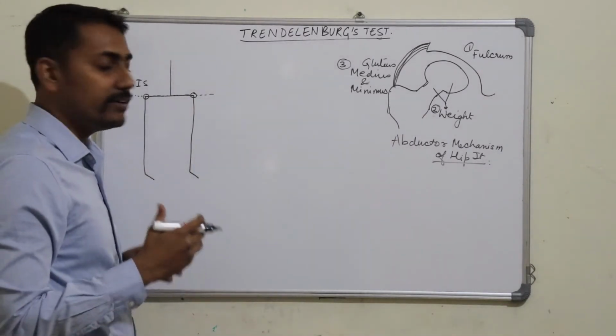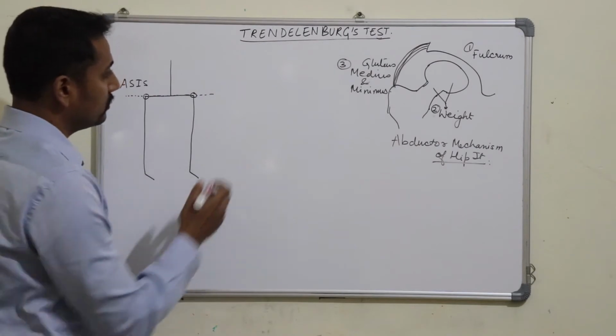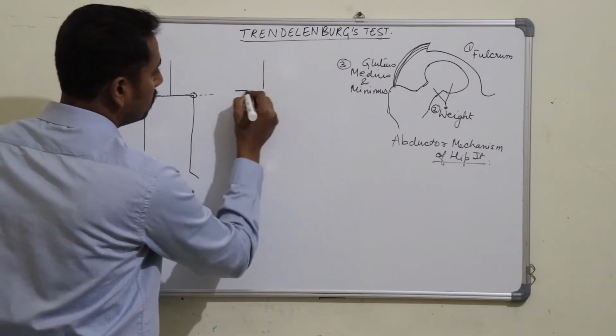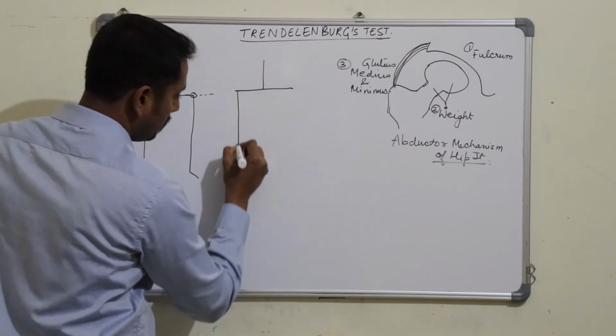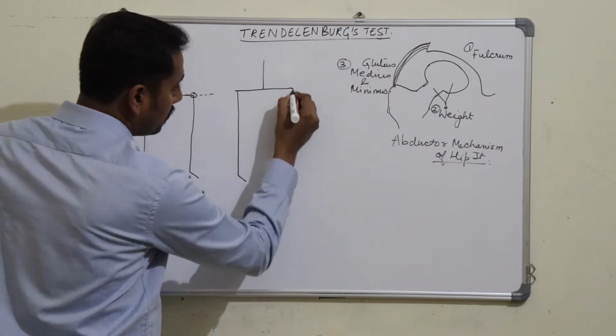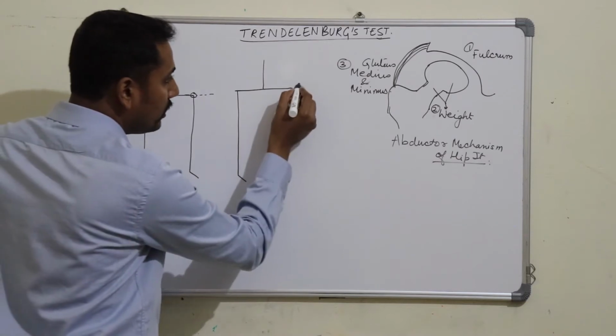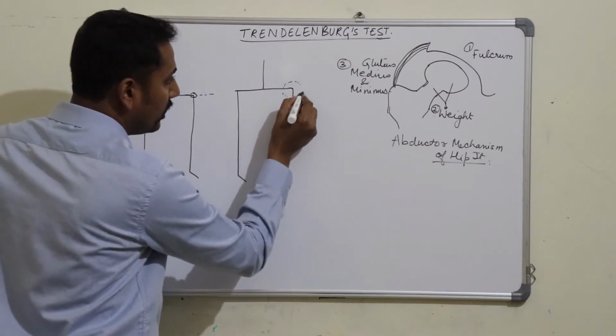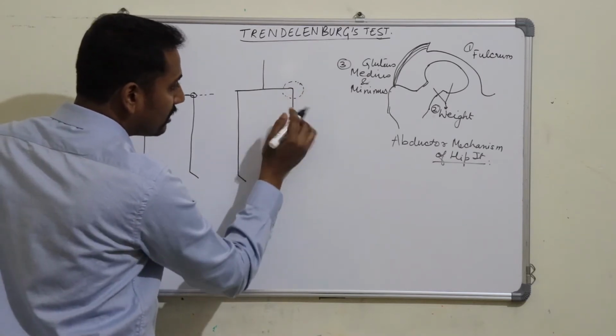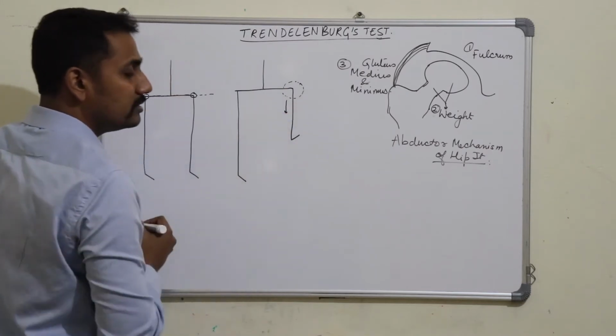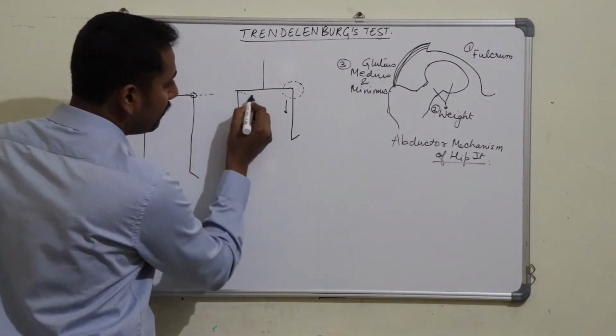Now what happens when one foot is above the ground? Due to the weight of this lower limb, this side of the pelvis will try to fall down. So it will look like this.